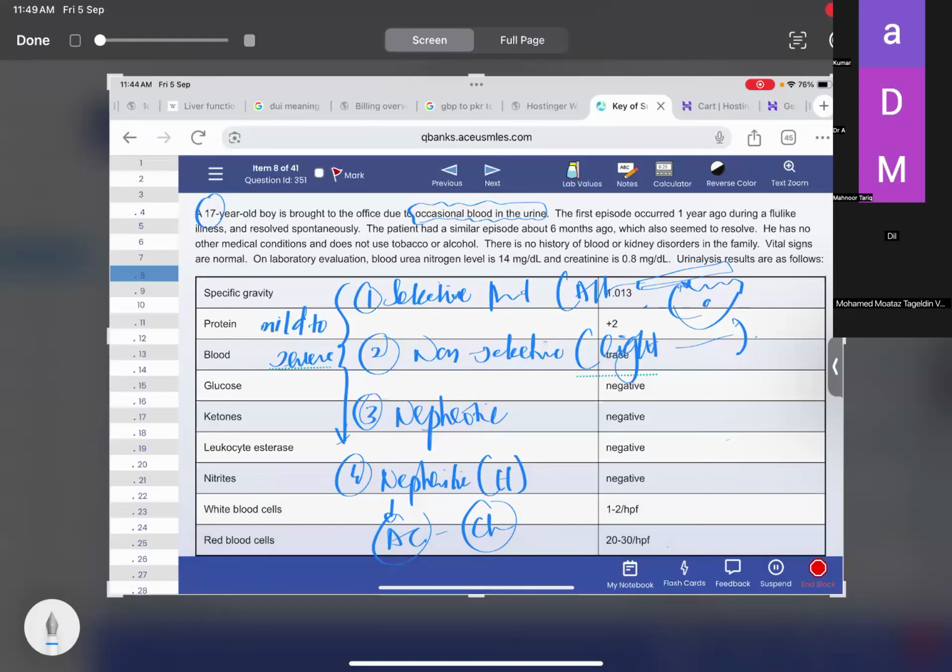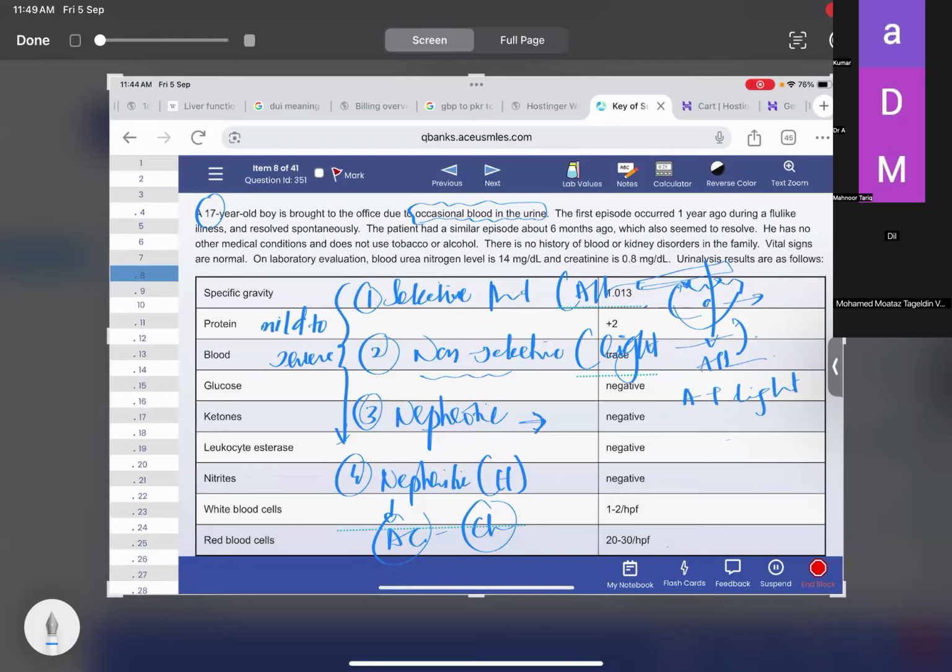A slight insult to this will swell this up, and we will have albuminuria. If the injury is slightly more, we will have non-selective proteinuria, with albumin plus light chain proteins going out in urine.